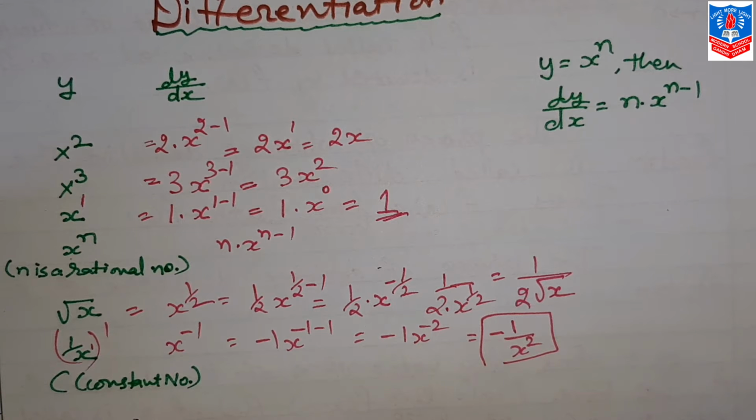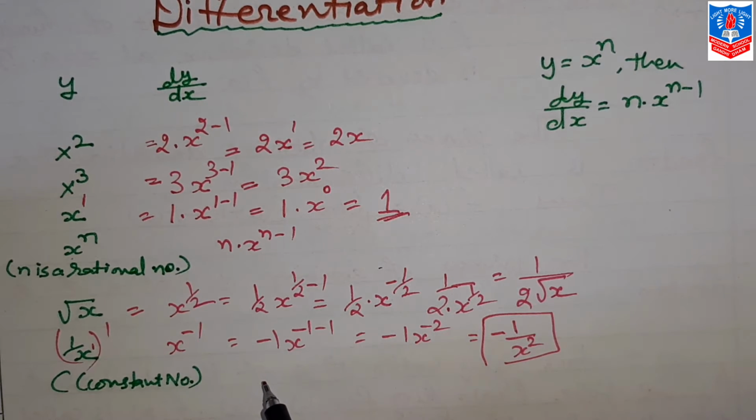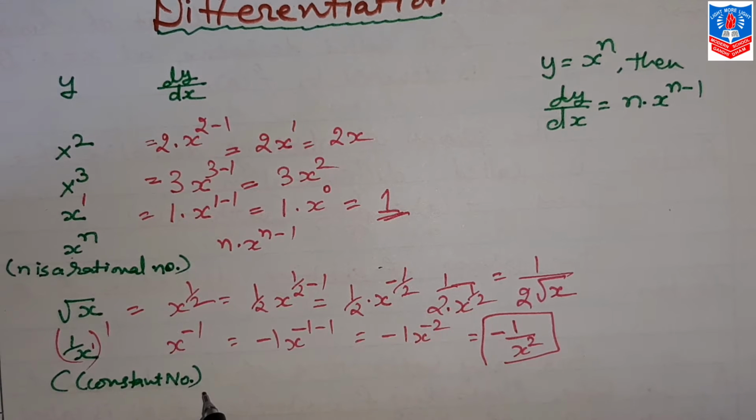Last, that is a constant number. Now this constant number, if you remember, in the previous session we did some important or standard derivatives where a constant number c was there.